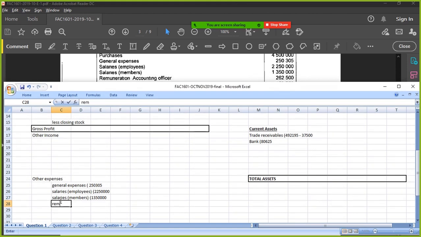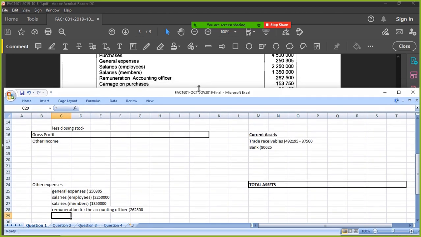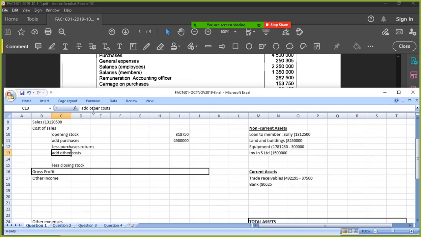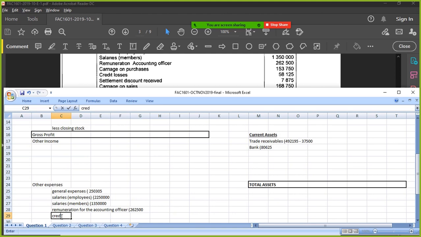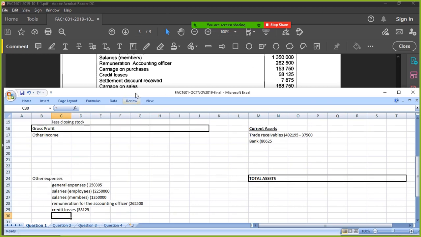Remuneration. This is special disclosure. Carriage and purchases. Credit losses. 58125. Okay, settlement discount received.